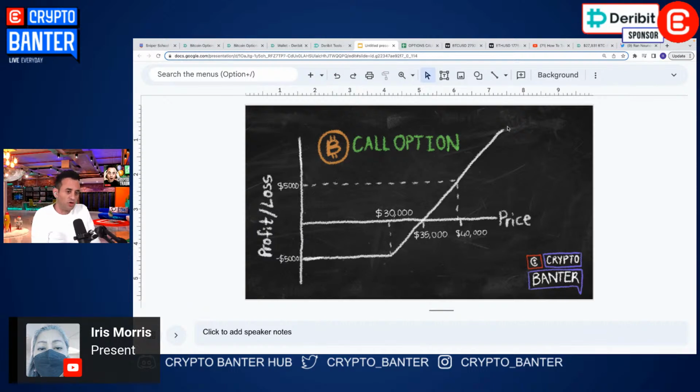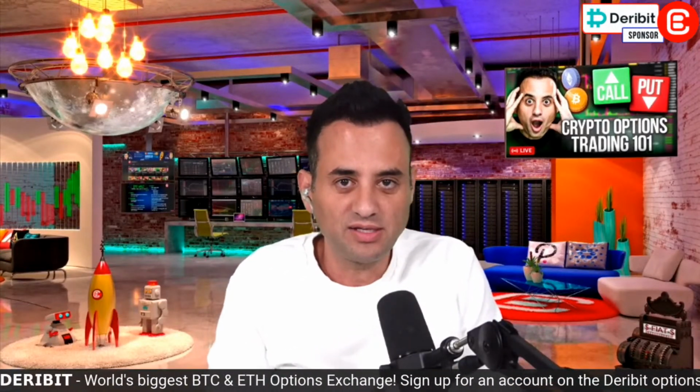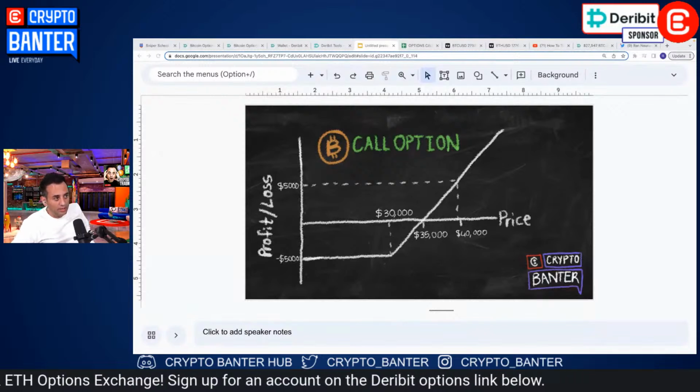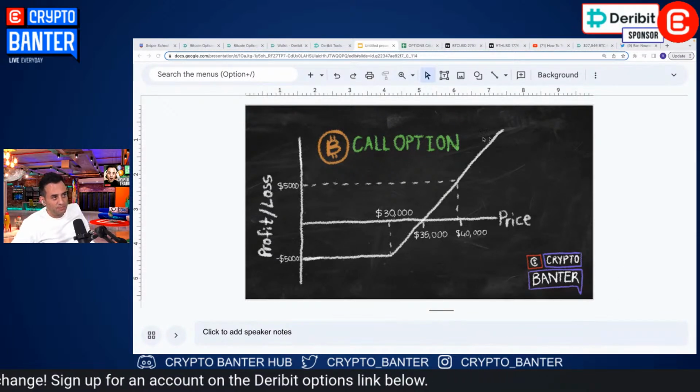So if Bitcoin does go to $1 million, I get to make all the upside. And my maximum downside was only $5,000. Unlike a leveraged trade where it could have eaten my whole portfolio, it could have been closed out or wicked out or whatever else, in this case that doesn't happen. I put down $5,000 and I get unlimited upside.